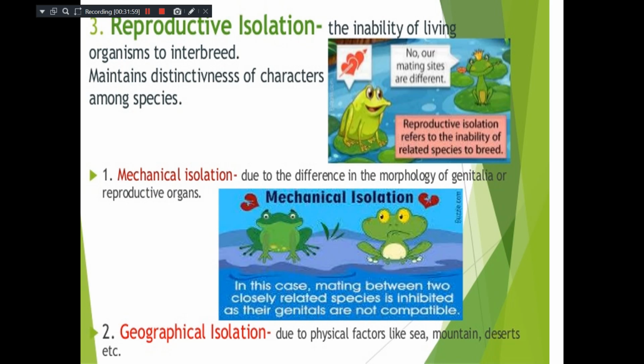Then, these reproductive isolations can be because of mechanical isolation. There are different factors which bring reproductive isolation. One is mechanical isolation, due to the differences in the morphology of genitalia or reproductive organs of two individuals.